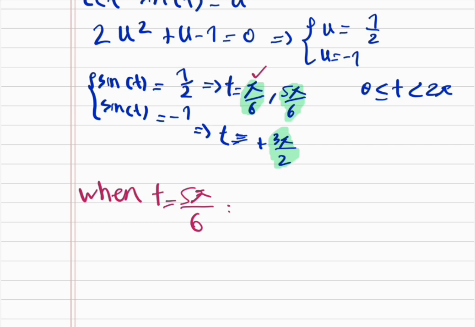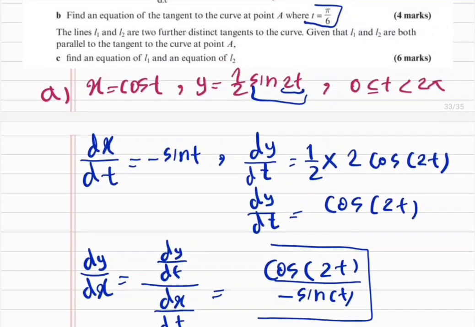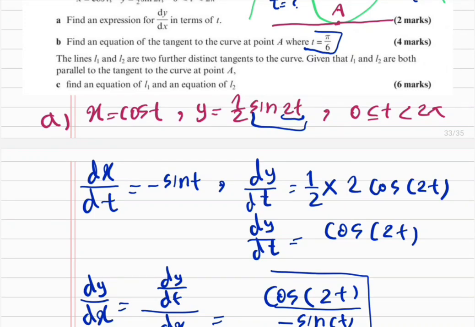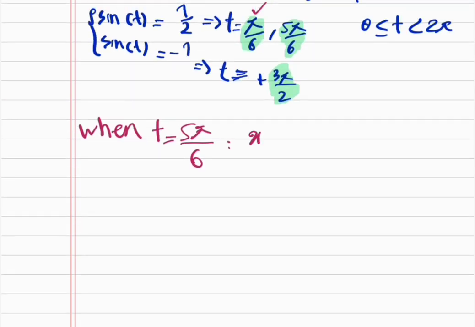So when t is equal to 5 pi over 6, and we substitute this into the equations of x and y here to find the coordinates, we get minus root 3 over 2 for x, and y is minus root 3 over 4.